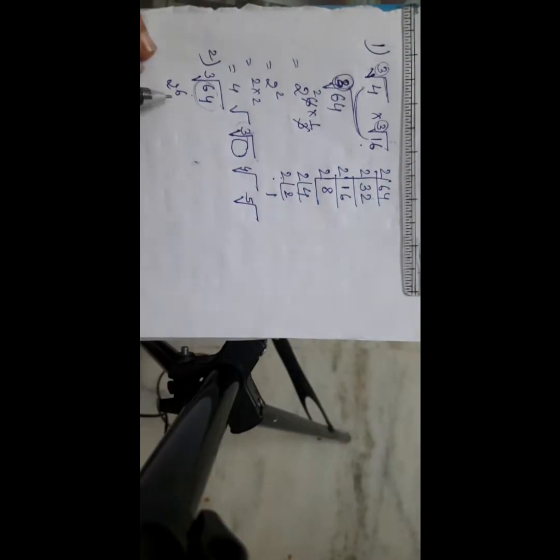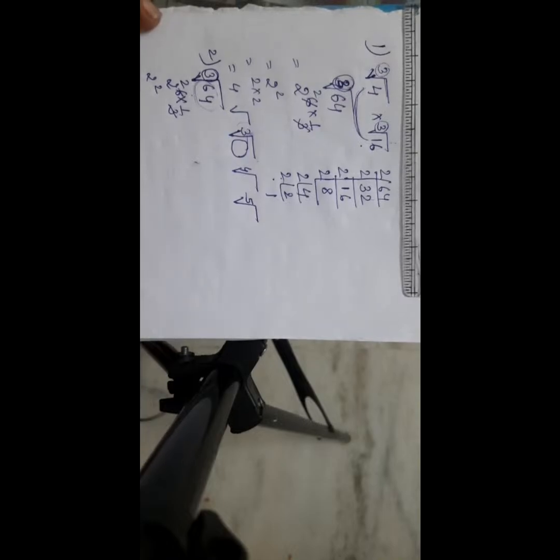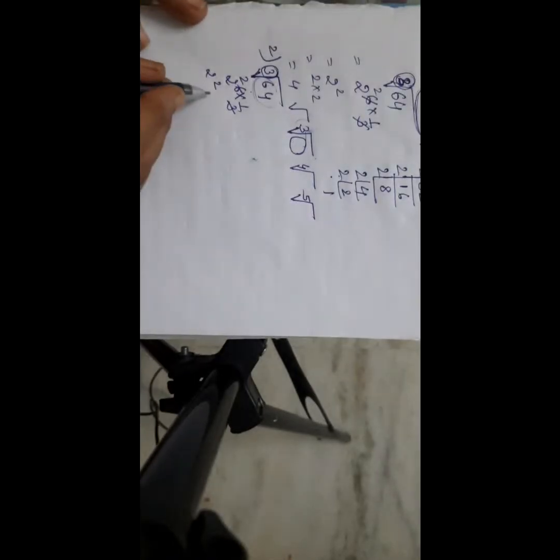We got 2 raised to 6, and now it is cube root. Whatever number is in the root, we write it as a fraction, so it is 1 by 3. Now cancel them: 6 is cancelled by 3. We got 2 squared, and 2 squared is nothing but 4.